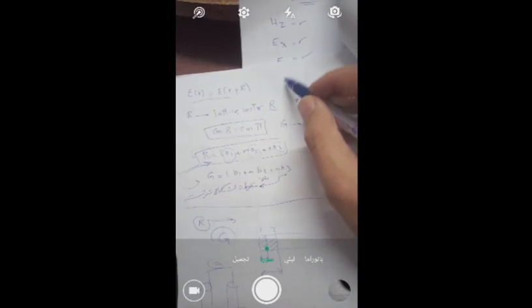Welcome back, guys. We mentioned and explained before that the permittivity function in the direction of x is equal to the permittivity of x plus r, because we have a material, then another material, then material number one again.